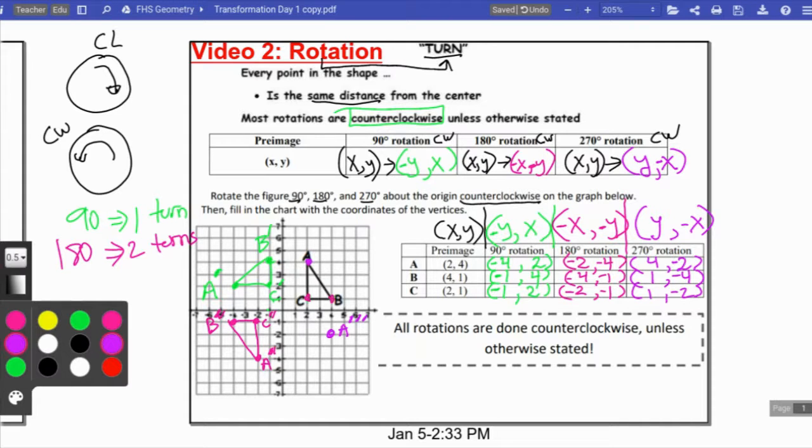Then B will be at (1, -4), B triple prime. And then C will be located at (1, -2), C triple prime. And 270 is actually three turns.